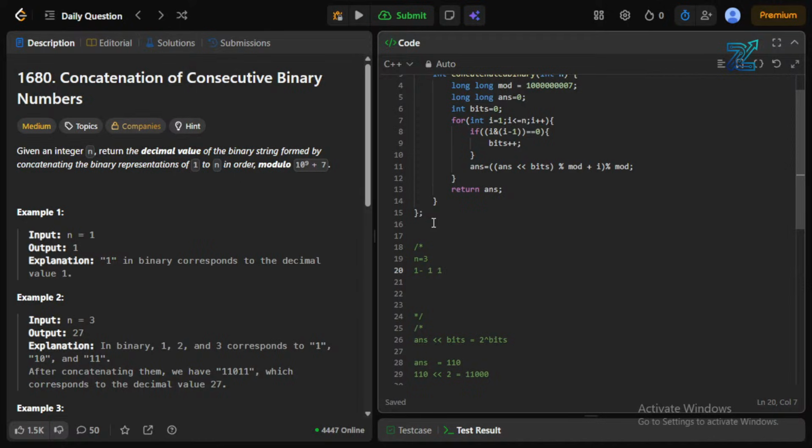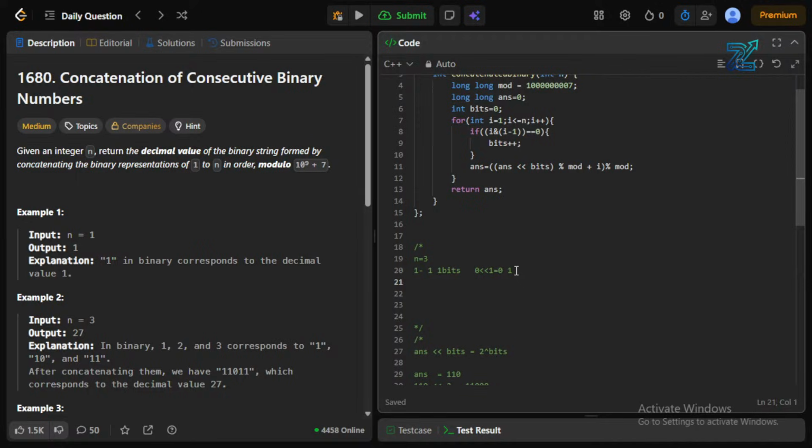Initially in my answer I have 0, so 0 left shift by 1 bit equals 0, and the final answer will be 1 here. In my answer, it will store 1.